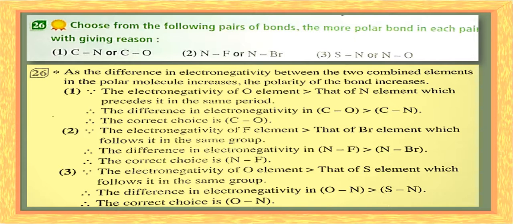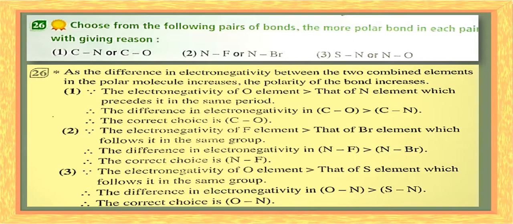The electronegativity of fluorine is higher than the electronegativity of bromine. So when we make a bond, the pair NF has higher electronegativity difference than NBr. So the right choice will be NF. The correct choice will make a highly polar covalent bond.